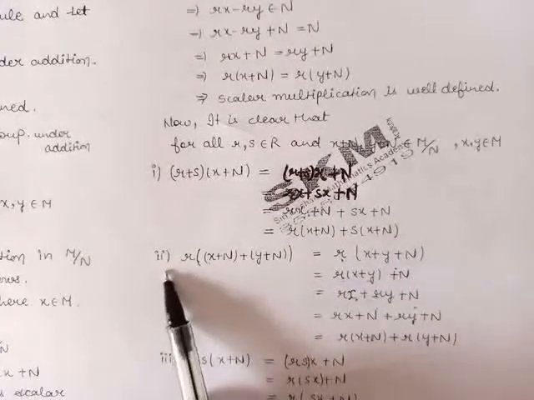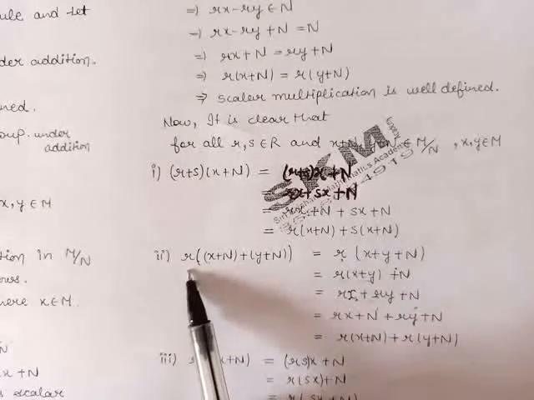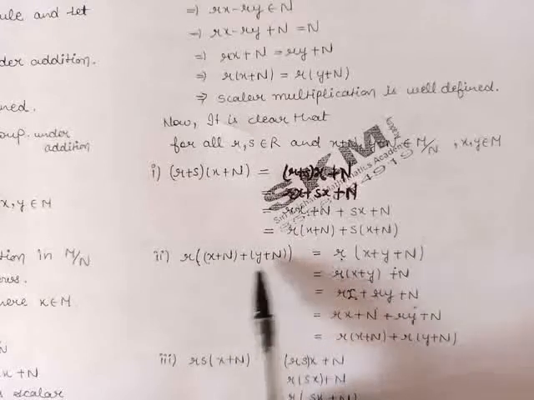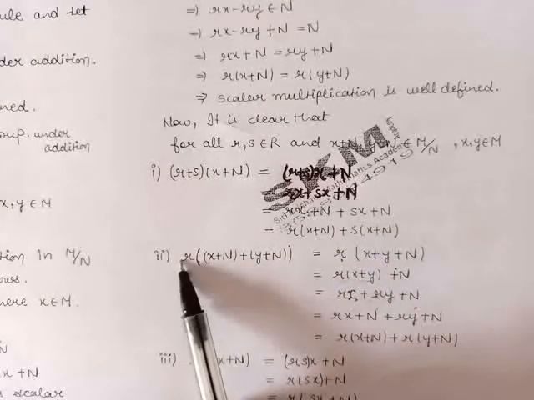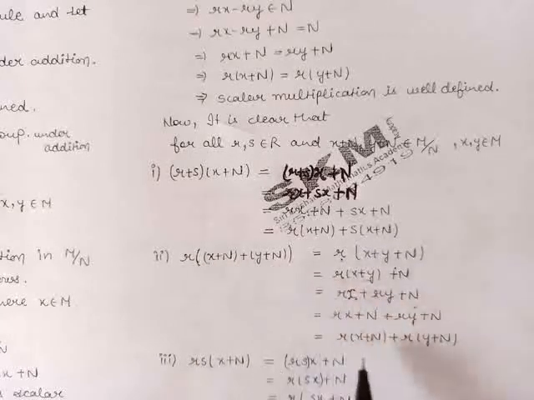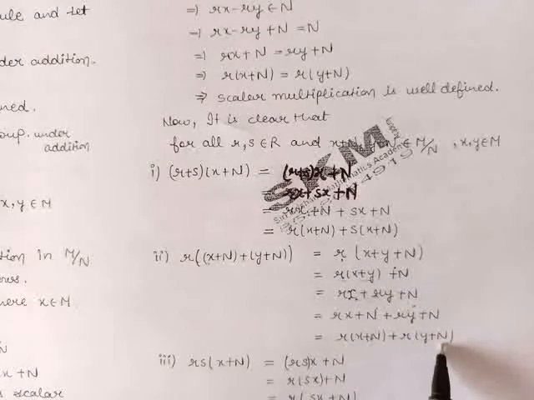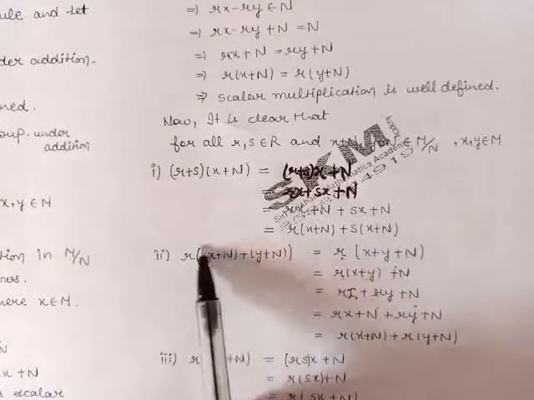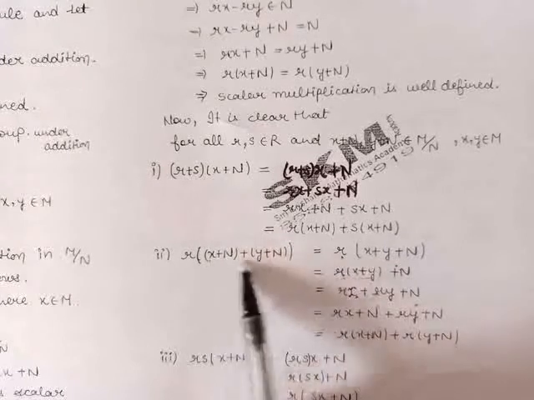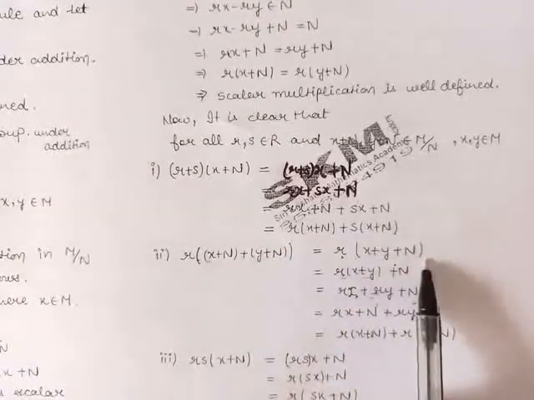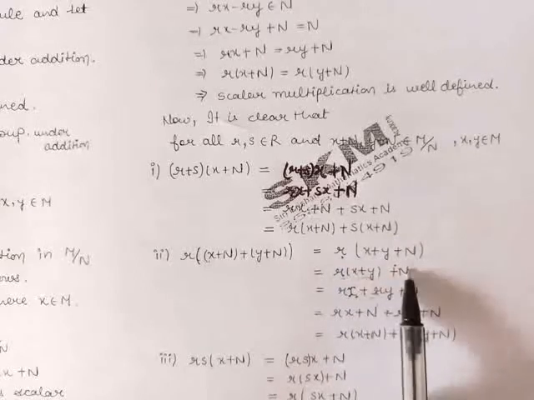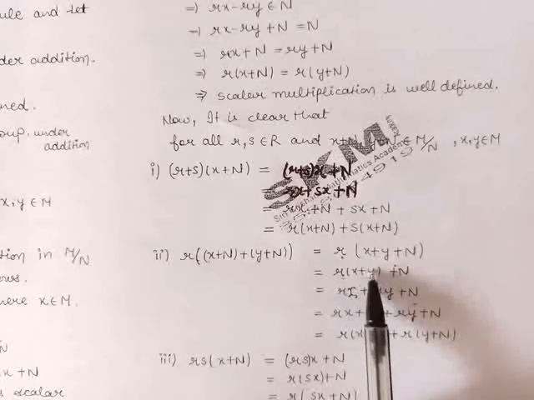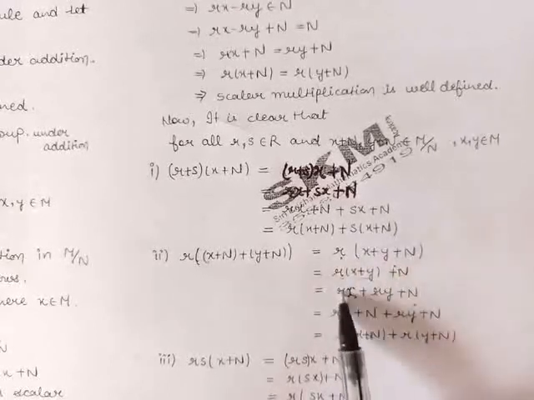In the next property, we take one element r belonging to the ring R and two elements from M by N. First we have taken x plus N and second we have taken y plus N. Now we are to prove that r into ((x plus N) plus (y plus N)) is equal to r into (x plus N) plus r into (y plus N). Let us use the definition of vector addition. By the definition, this can be written as (x plus y) plus N. Now by definition of scalar multiplication, this can be written as r(x plus y) plus N. Now because x and y are elements of M and M is a left R module, r(x plus y) will become rx plus ry.